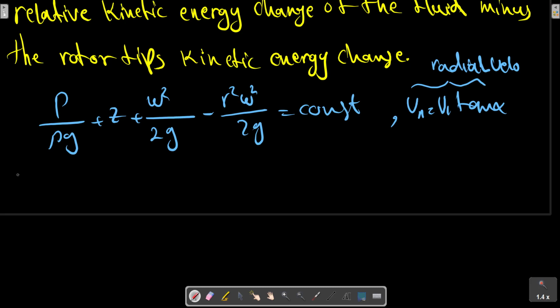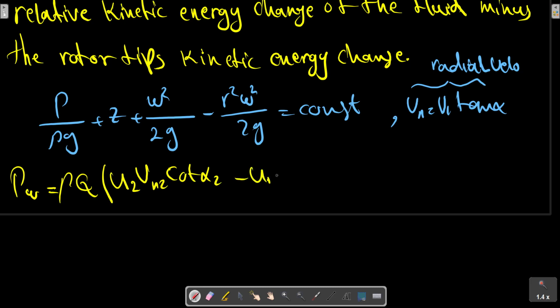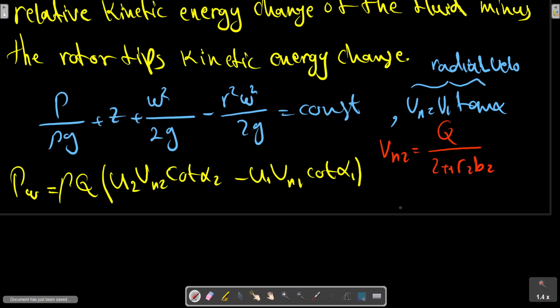So we can write the power of the pump for the centrifugal pump: power equals rho Q as a function of the tangential and radial velocities, where B1 and B2 are the blade widths.